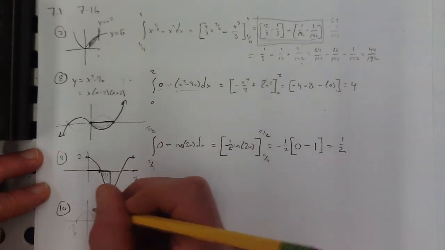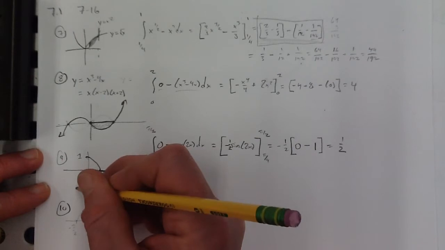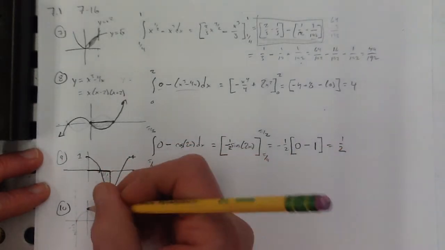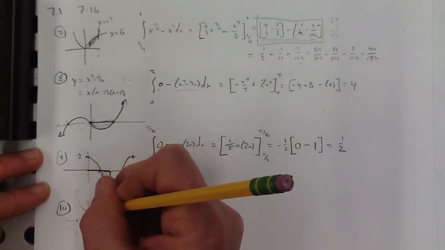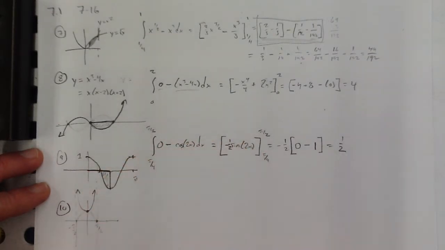So secant is 1 over this. So when you flip those zeros over, like 1 over 0, that's going to give you asymptotes there. When you flip this 1 over, you just get 1. So that's a graph of the secant function.